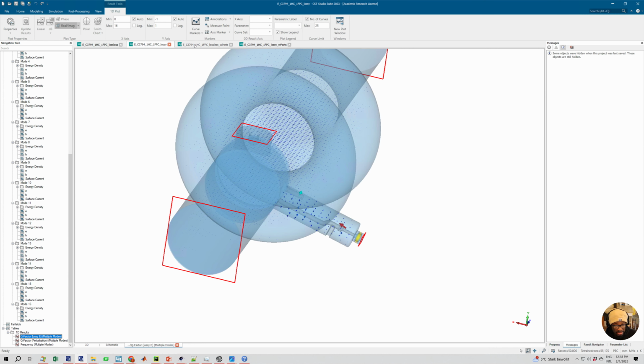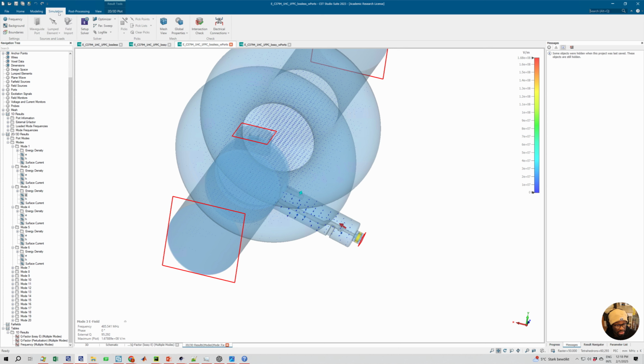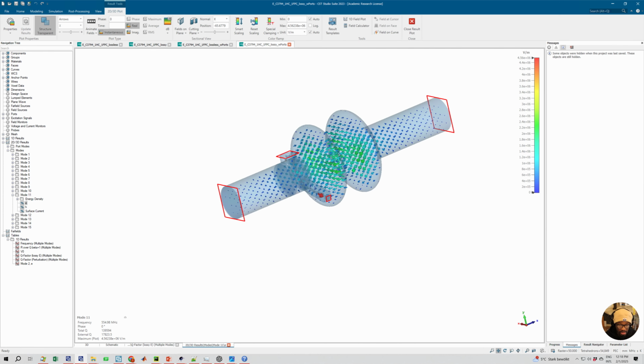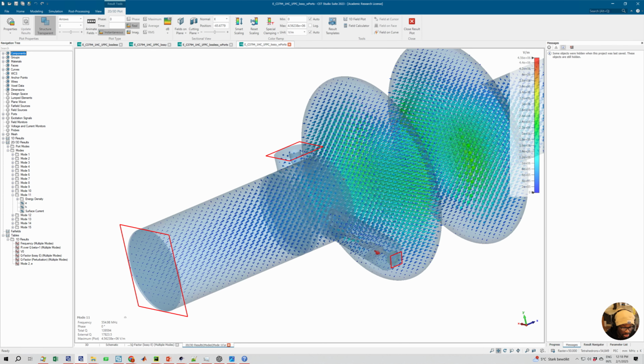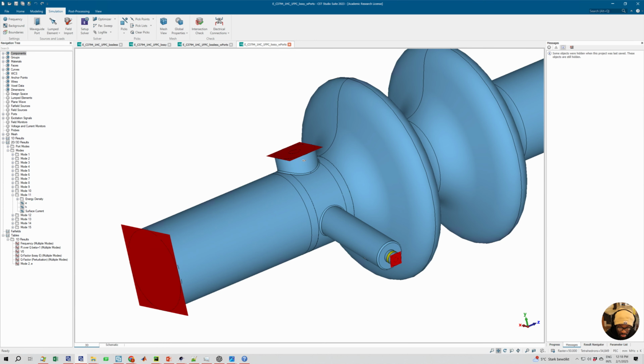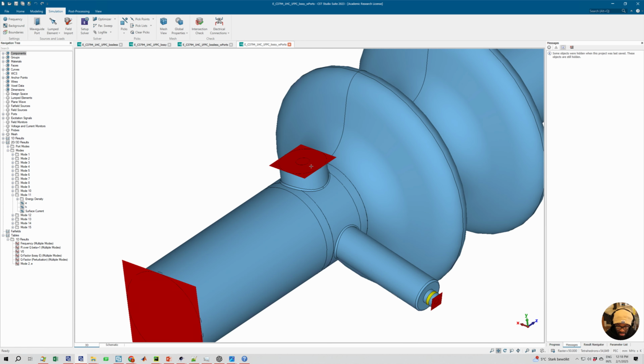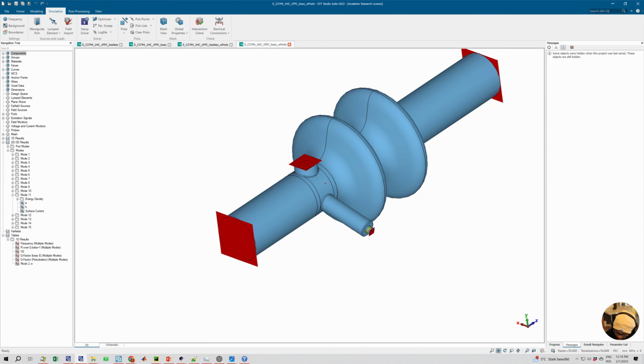Now, one last thing is in the calculation of the external quality factor, in the specification of the port modes. For your TEM line, which is your transverse electric magnetic line, since you don't have any cutoff for your TEM line, for the couplers and for the fundamental power coupler model, you just specify one mode.